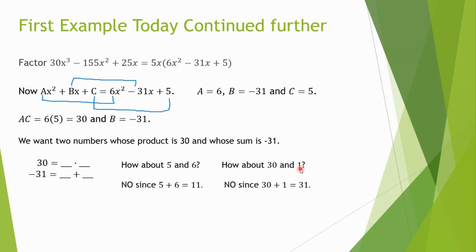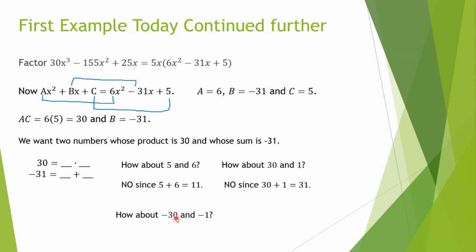But you can see they're pretty close though. I mean, we don't want 31 here, we want negative 31. So that should tell us, how about negative 30 and negative 1? And that's going to work. By our same and opposite sign rules, same signs positive, opposite signs unlike, the answer is negative.